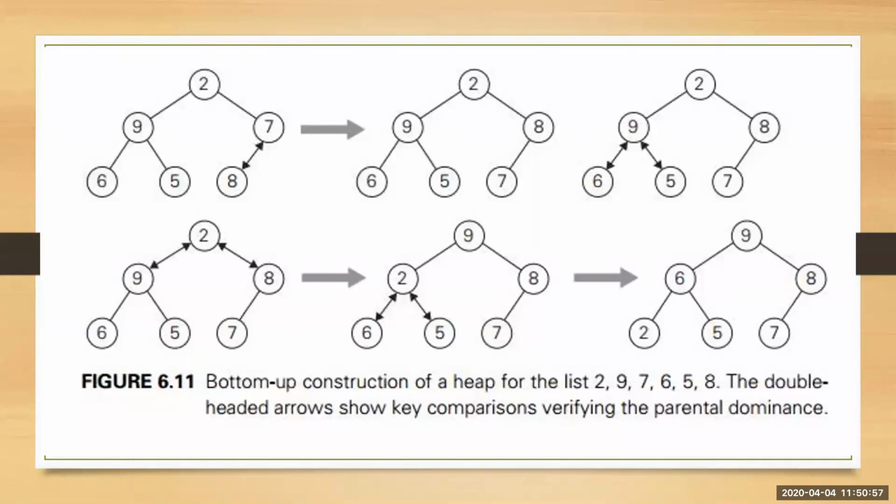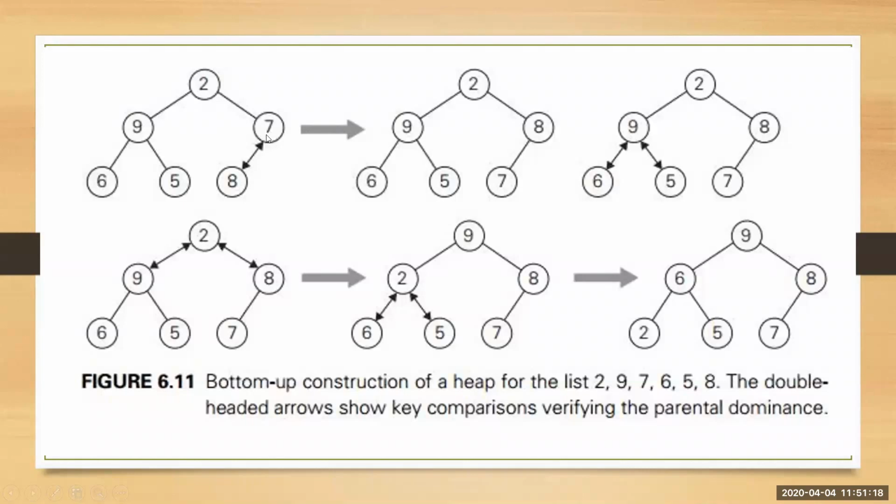If it is 6, what is the value there? This is 1, 2, 3, 4, 5, and 6. So 6 is the index of 8. You are checking whether that particular node has a child.